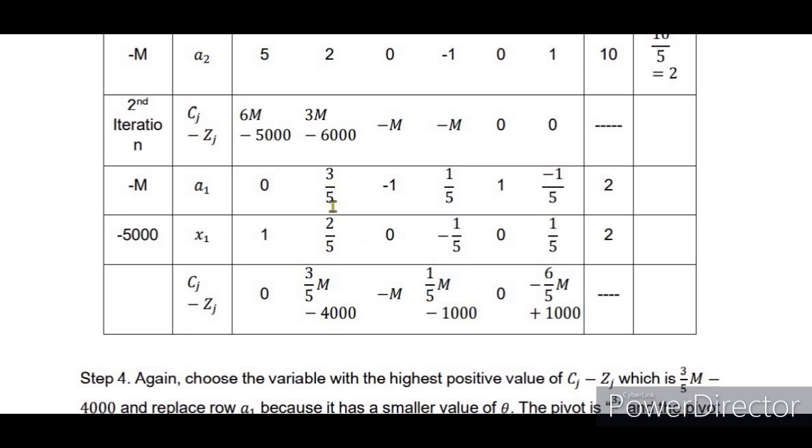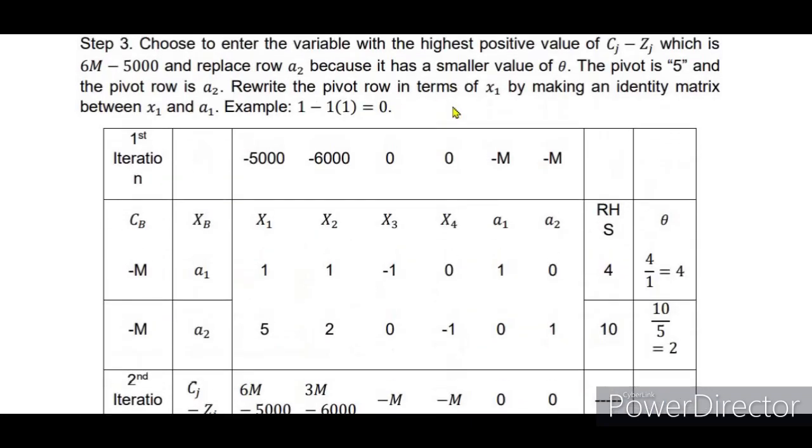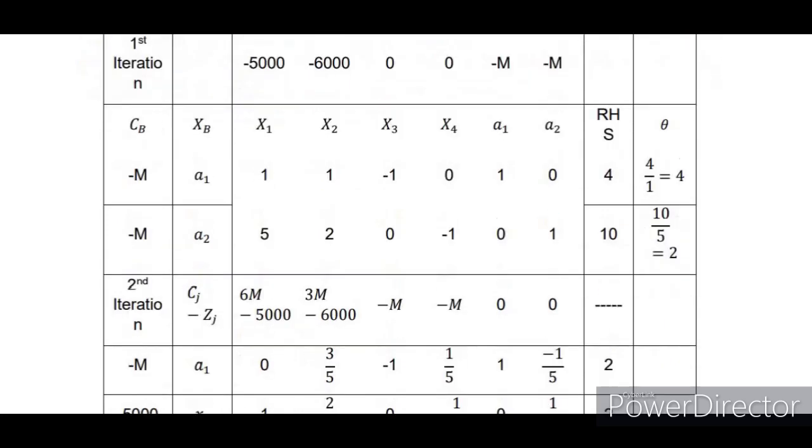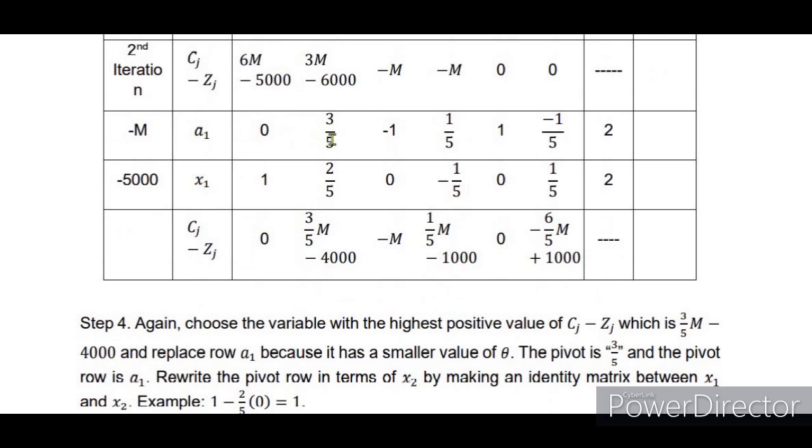That figure we will subtract from the given numerical value under x sub 2, which is negative 6,000. If we look to the top, it is negative 6,000. So it will be negative 6,000 minus negative 3/5 m minus negative 2,000. So the result will be positive 3/5 m minus 4,000.